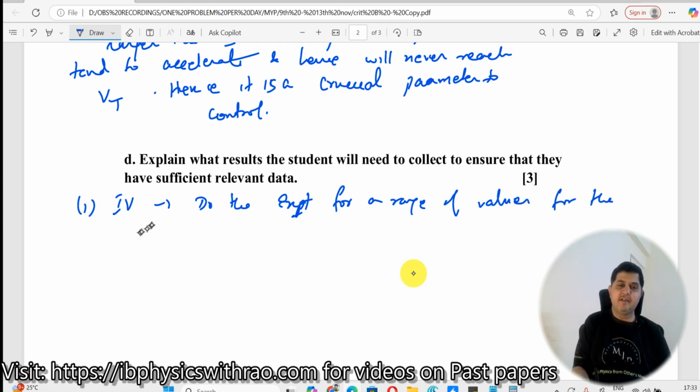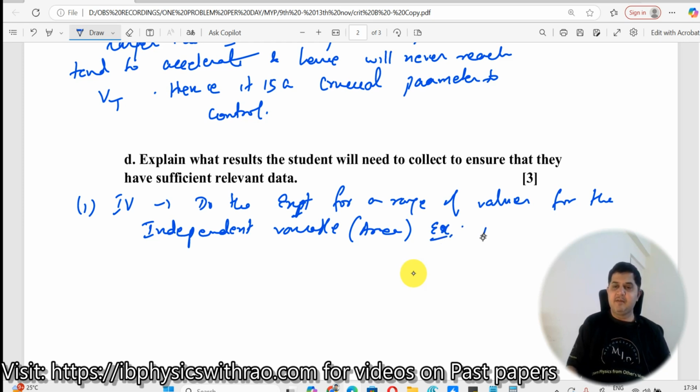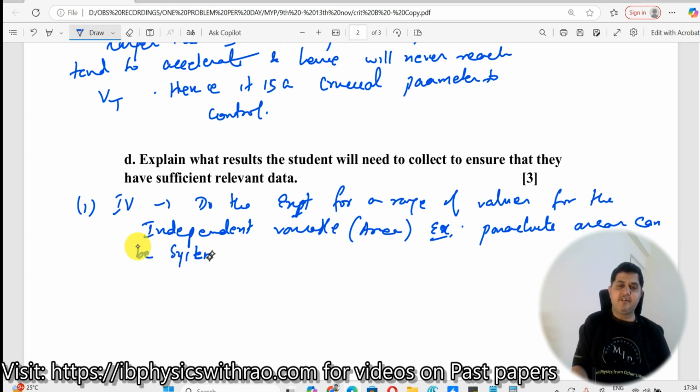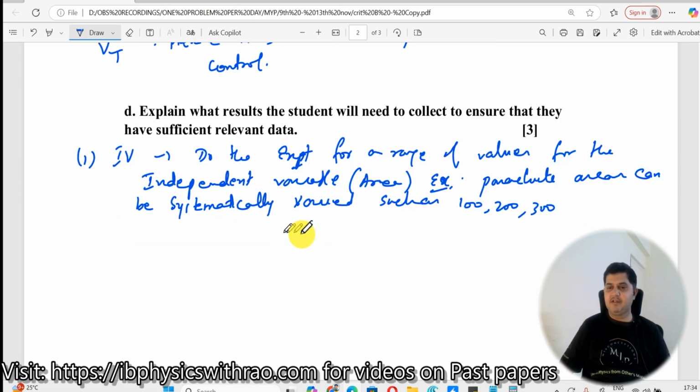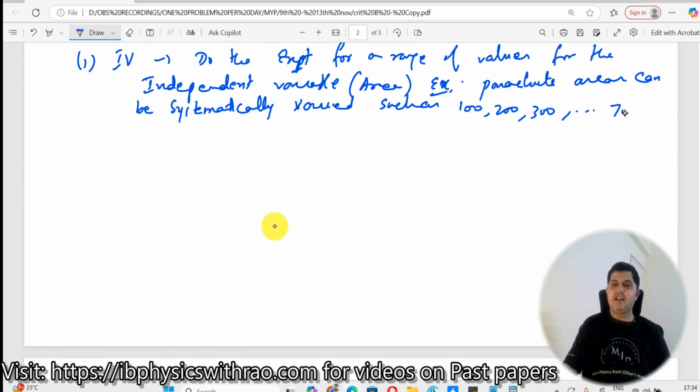For example, parachute areas can be systematically varied as 100, 200, 300, etc. till 700 centimeters squared.